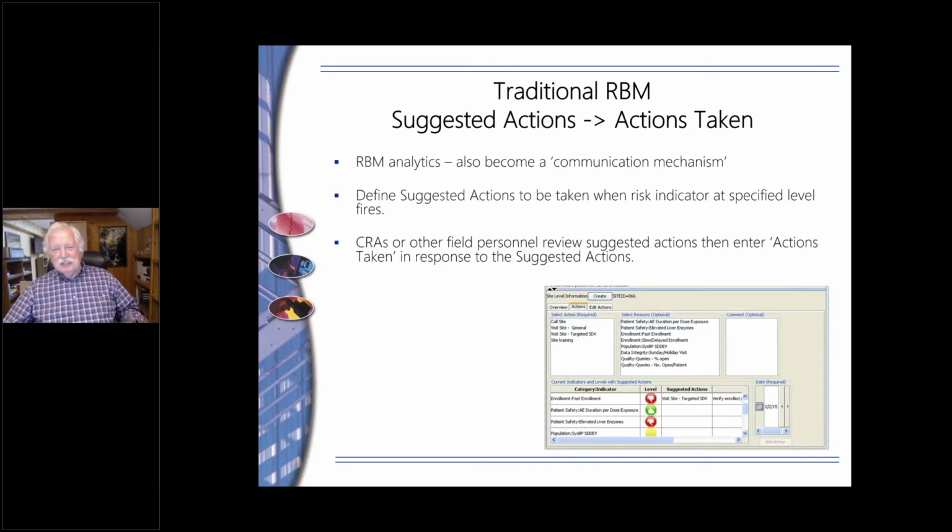So it's one of those things that you can build in, and I think many of the systems do something like this, where you can build in key risk indicators and thresholds, and if a site triggers a high risk indication, you can also then specify a particular site suggested action and maybe some additional comments, and that's good for consistency and a central group that's defining things and sending suggested actions out, and then being able to close the loop and saying, okay, yeah, I saw that, and this is what I did.